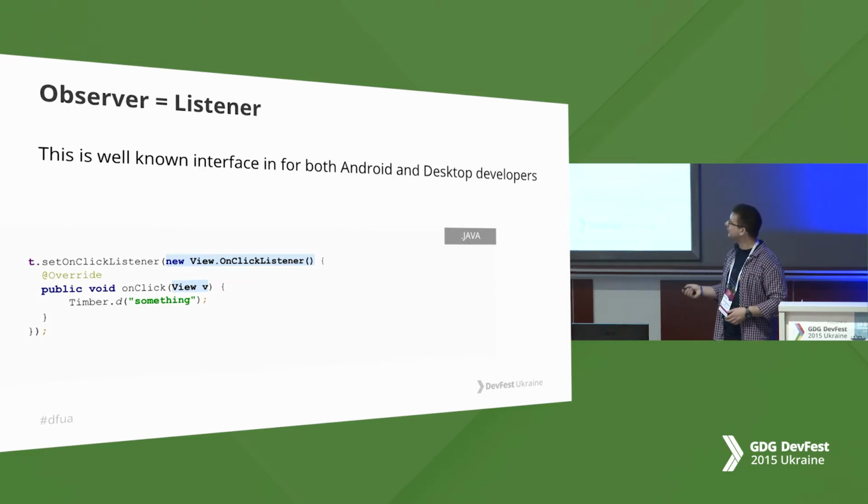Usually, a listener in Android looks like this. We have a class, maybe anonymous class, instantiated, and doing something just when this event arrives. Pretty simple, it's a piece of cake.